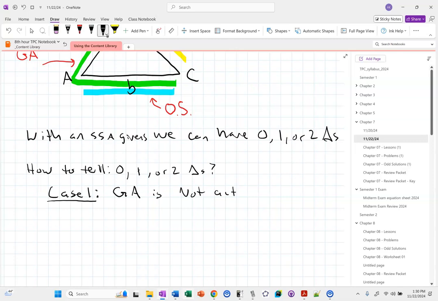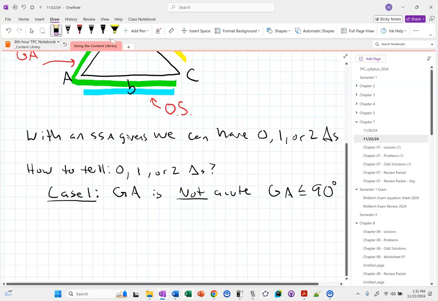So the first situation is when the given angle is not acute. So it has to be bigger than or equal to 90 degrees.